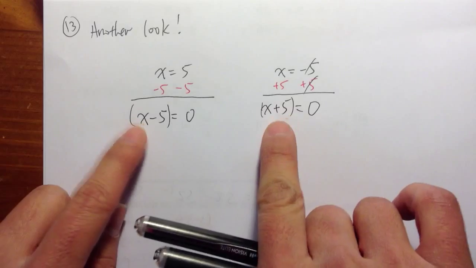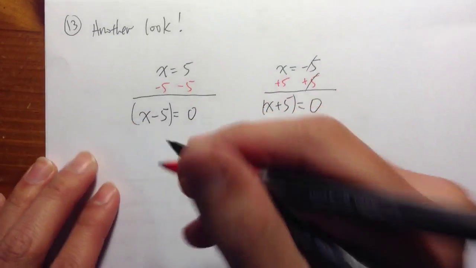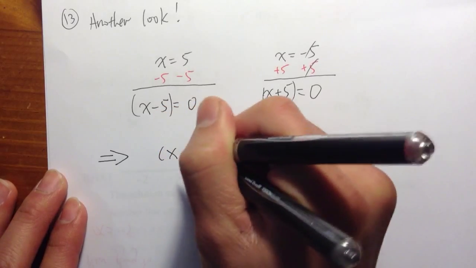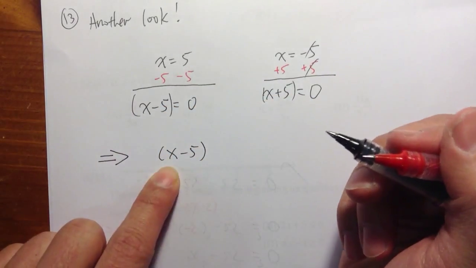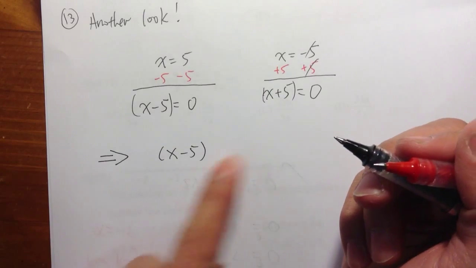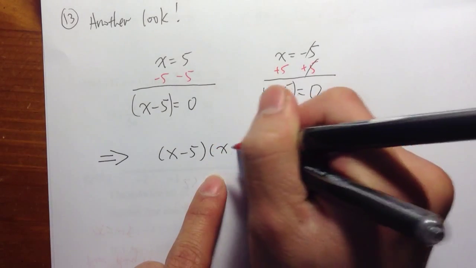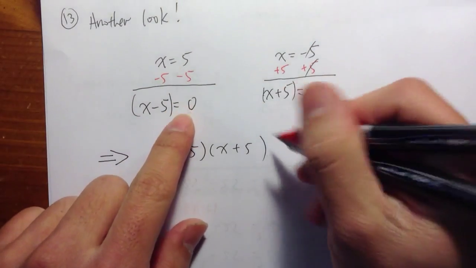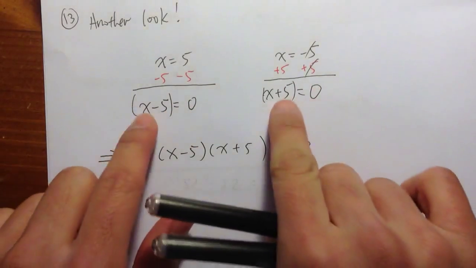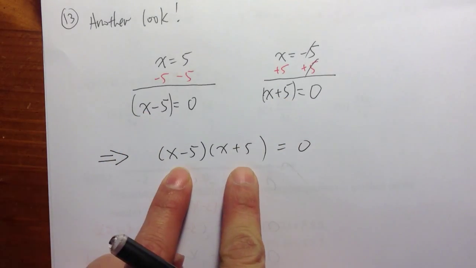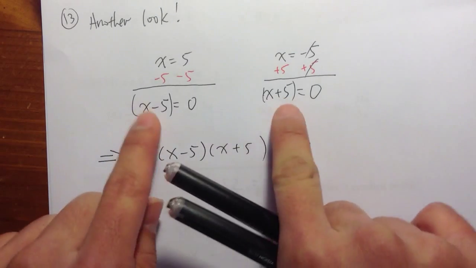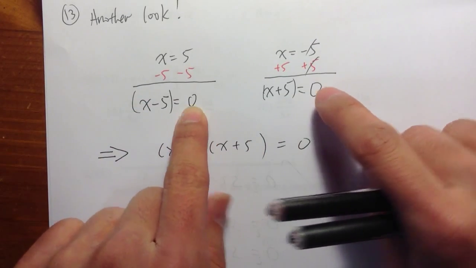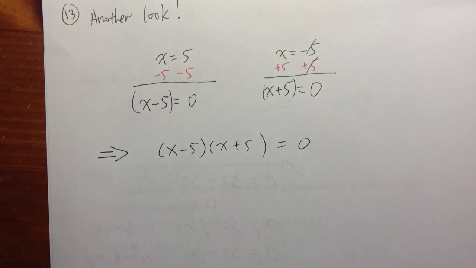If I have x minus 5, bring down the x minus 5 right here, and also bring down the x plus 5 right here. And 0 times 0 is equal to 0. When I put these two together, I multiply them. Symbolically, this means that we are multiplying these two together. So I'm multiplying the 0 and the 0, which I get 0.